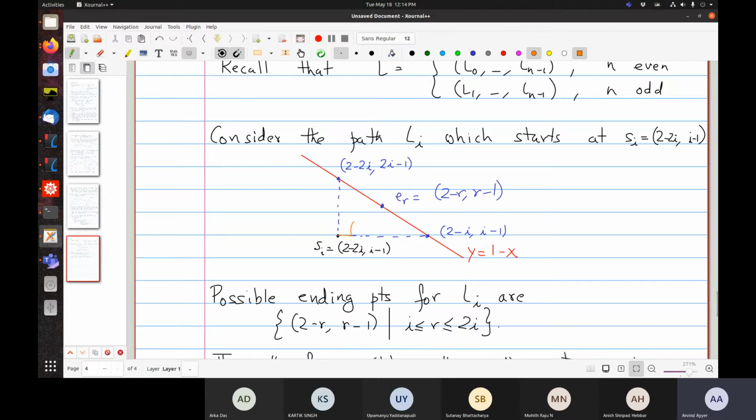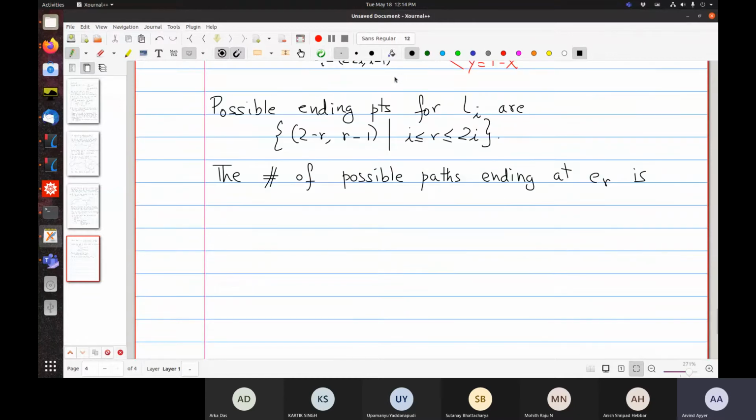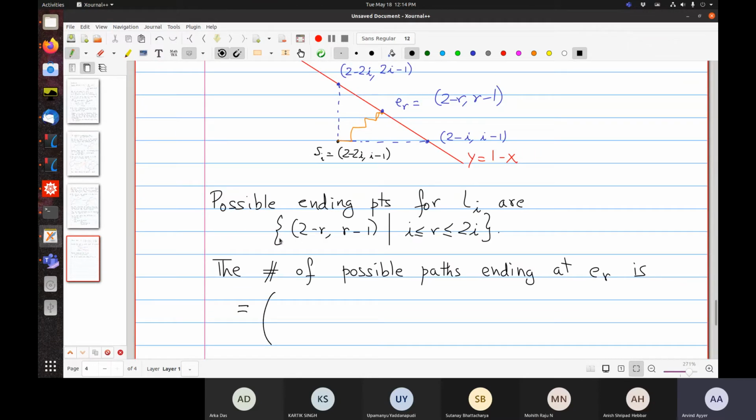So you start here, you take some steps and you reach there. So you want to see how many total horizontal steps there are, how many total vertical steps there are, and you take the appropriate binomial coefficient. So this is equal to, let's compare: how many horizontal steps are there?